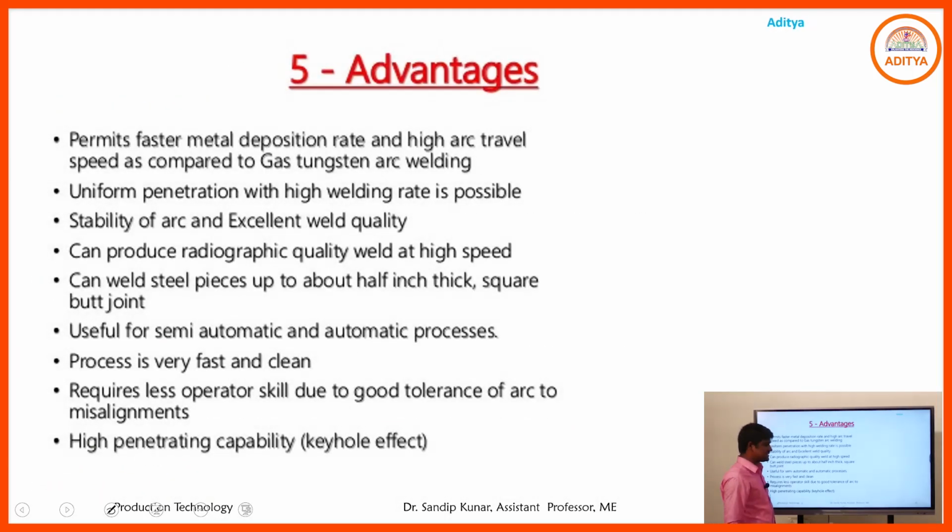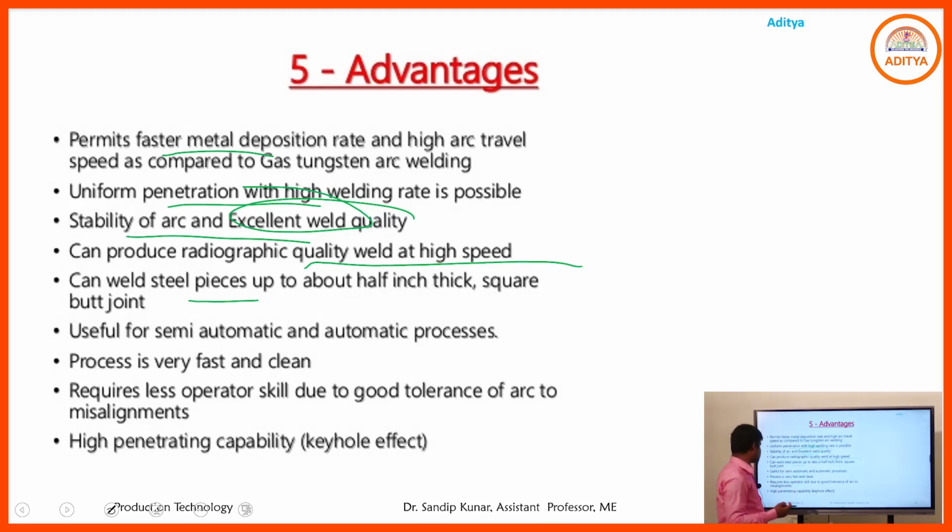What are the advantages? This process permits a faster deposition rate and also a faster welding rate. Uniform penetration is also possible. Welding quality is good, with excellent weld quality. It can produce radiography quality at high speed. It can weld steel pieces up to half-inch thickness, and a square butt joint is also possible.